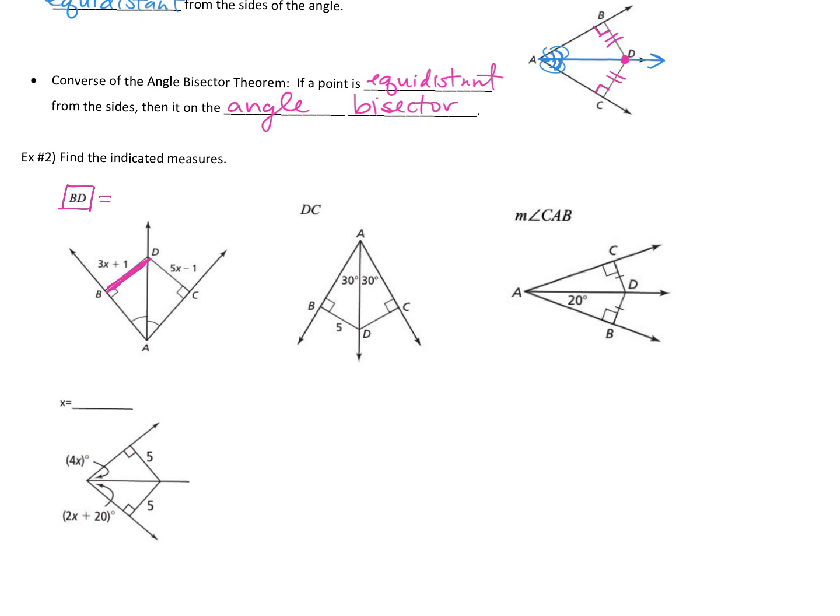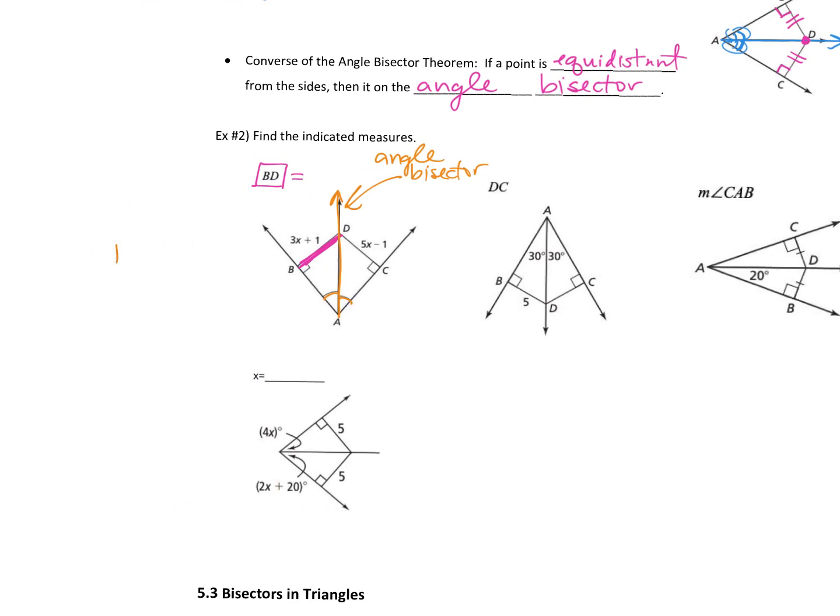You have an angle bisector. These are marked congruent. So AD, right, this right here is an angle bisector. Okay, if that's an angle bisector, then what is true? BD has to be congruent to DC.